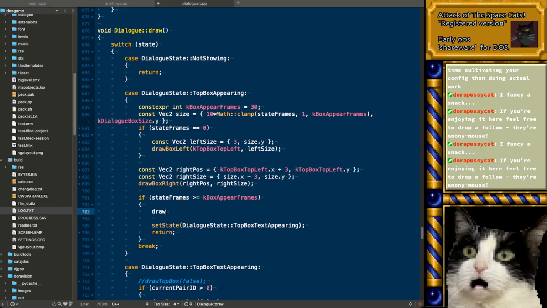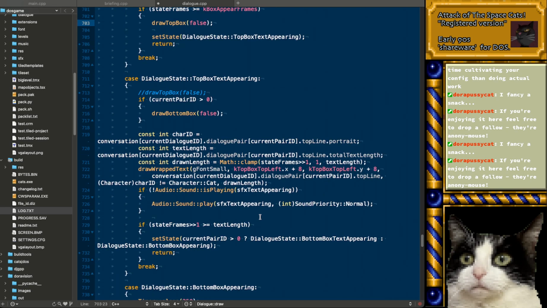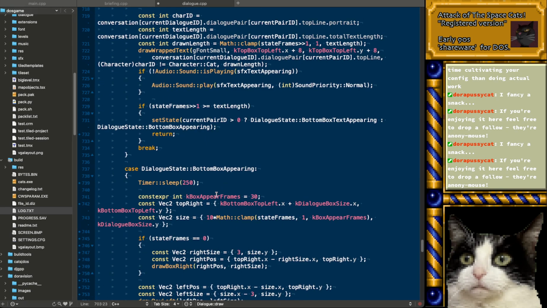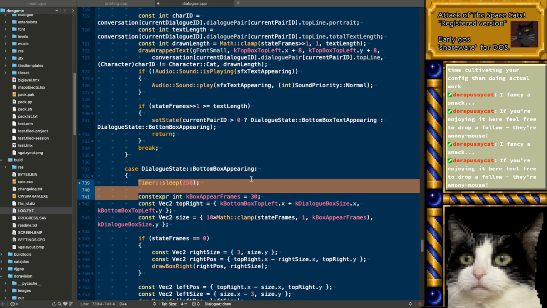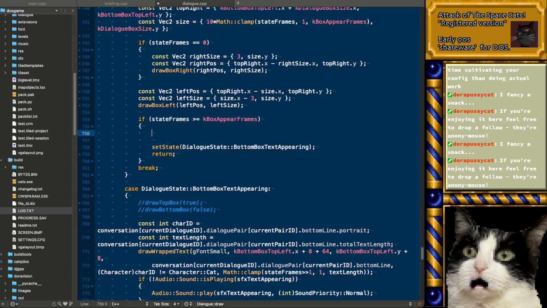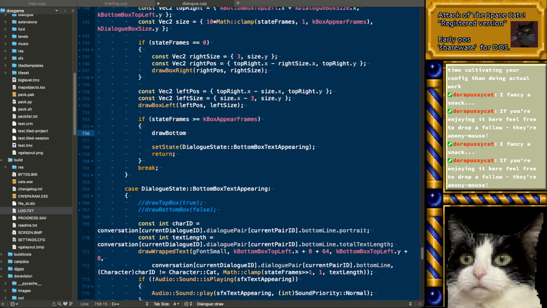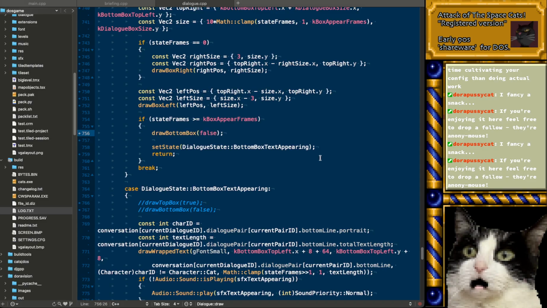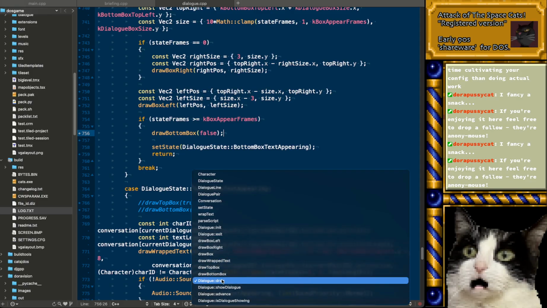It's going to be draw box. We can take that layout. Draw bottom box, false. That function has a terrible name. Both of them do, at least given what they now do.